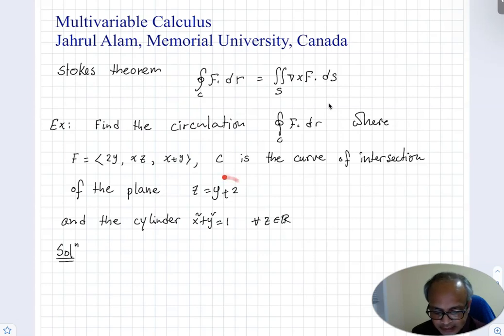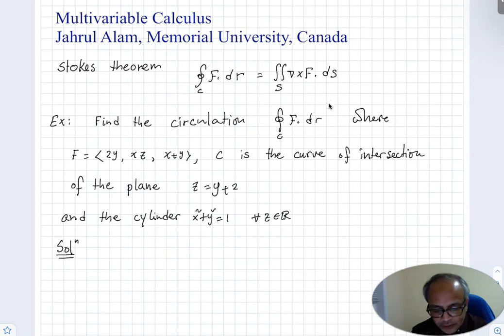The plane is given by z equals y plus 2, and the cylinder is the unit cylinder x squared plus y squared equals 1 for every z. So you can imagine that if you take a cylinder and take a cross section with a slanted plane, then you will get an ellipse.